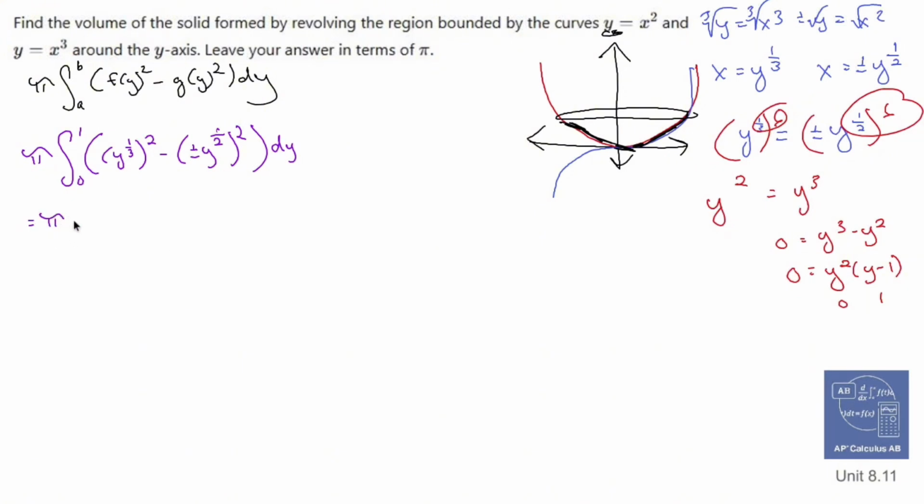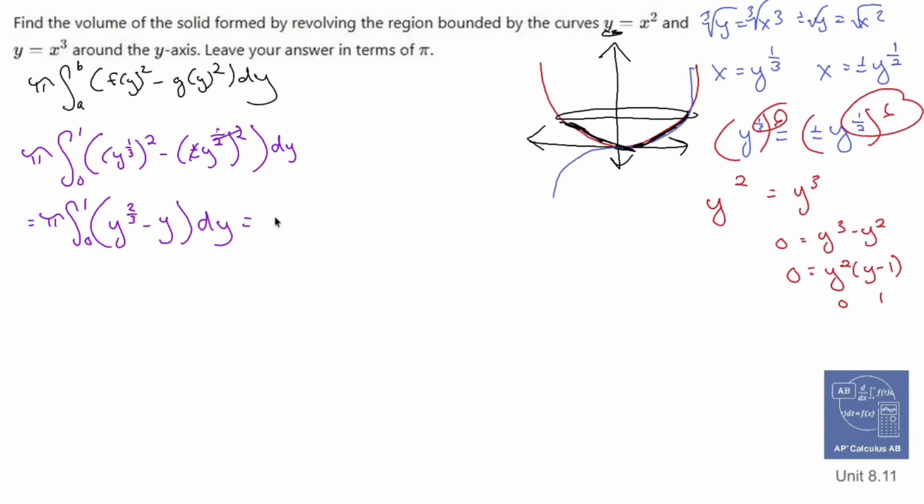You become pi times the integral from 0 to 1 of y to the 2/3 minus, you essentially cancel out, just y dy.